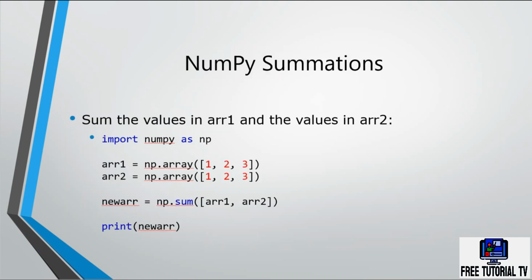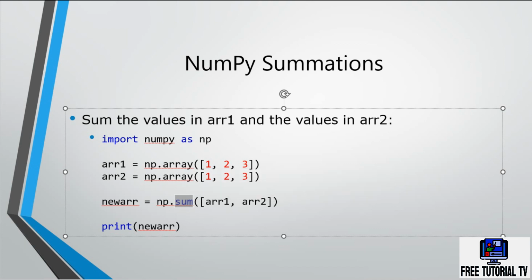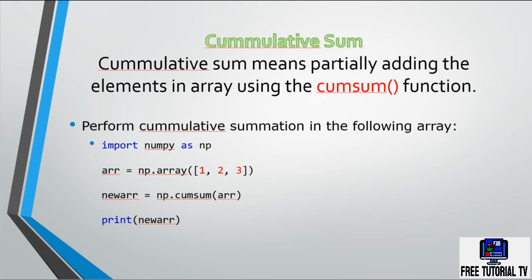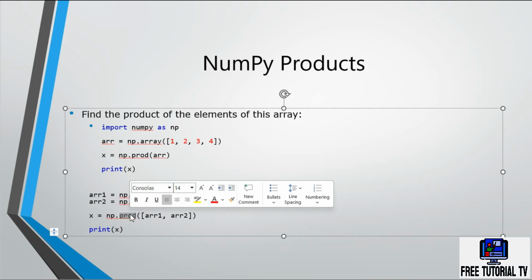You can always use array, and then you can do summation. Addition and summation are the same, it does the same work, but a different functionality is there. You can also do cumulative summation, and product is also one, and multiply is also one.